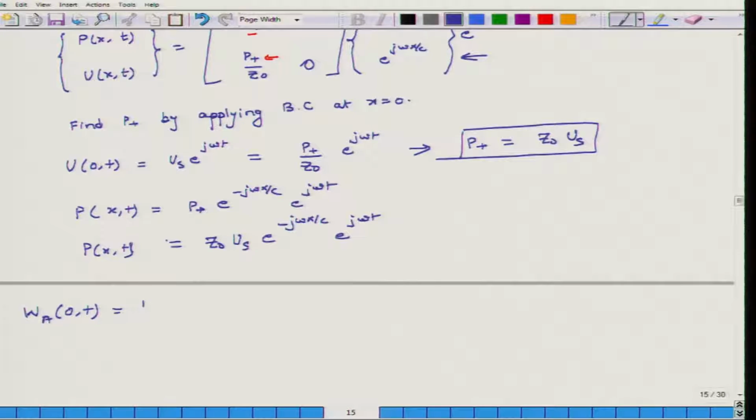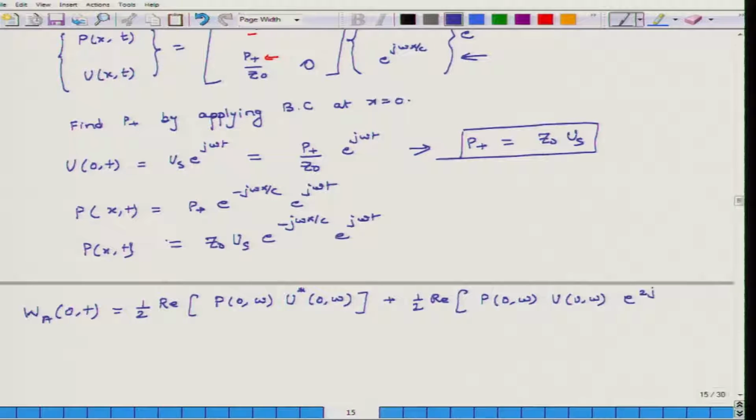That is equal to half of the real part of the complex pressure amplitude times the velocity conjugate at 0, omega, plus half of the real part of P at 0, omega times u at 0, omega e^(j omega t).